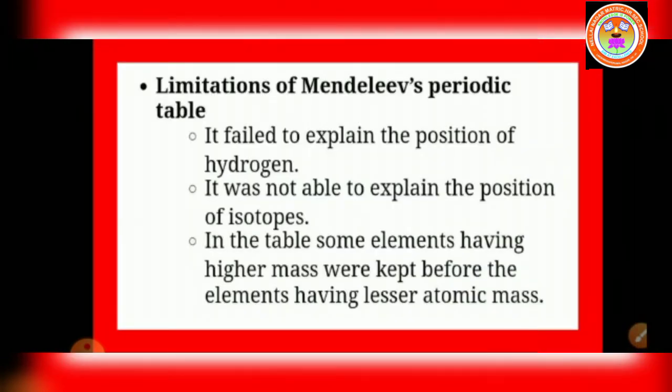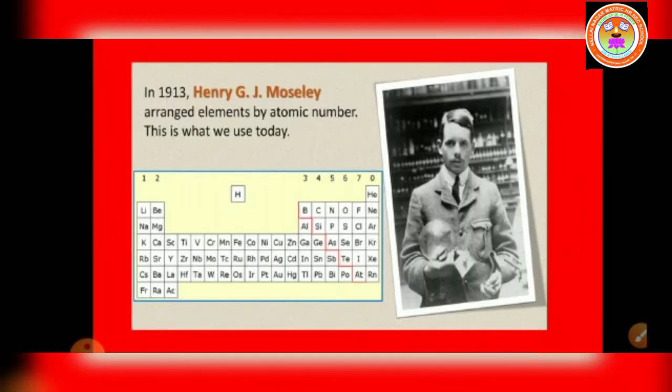To rectify the limitations in Mendeleev's periodic table, in 1913, Henry Moseley arranged elements in the increasing order of atomic number. Henry Moseley, through his X-ray diffraction experiments, proved that the properties of elements depend on the atomic number and not on the atomic mass.